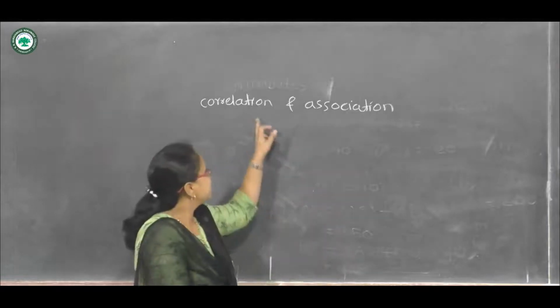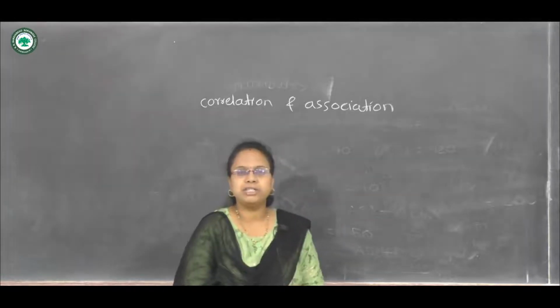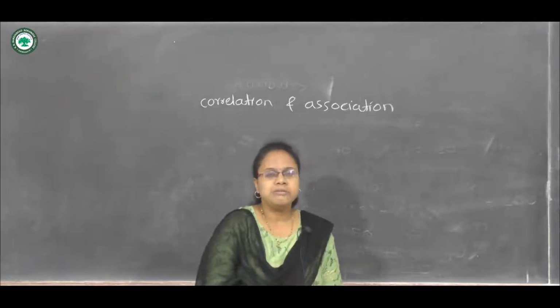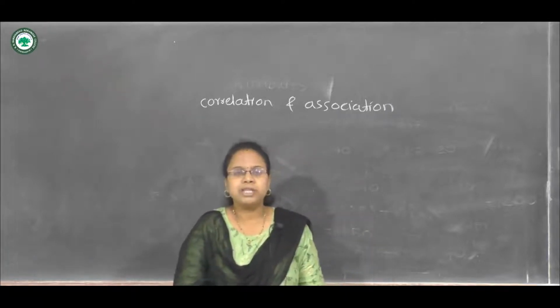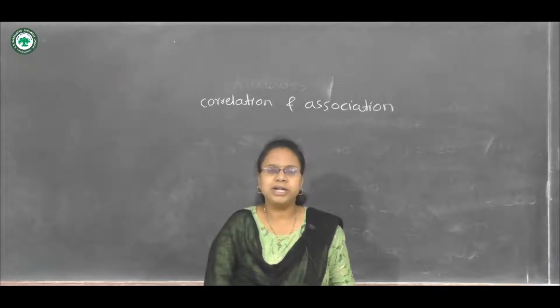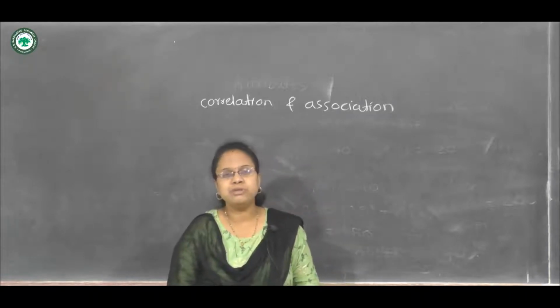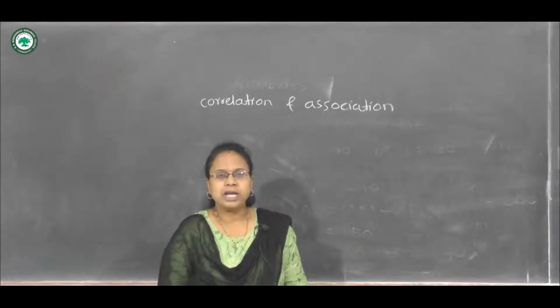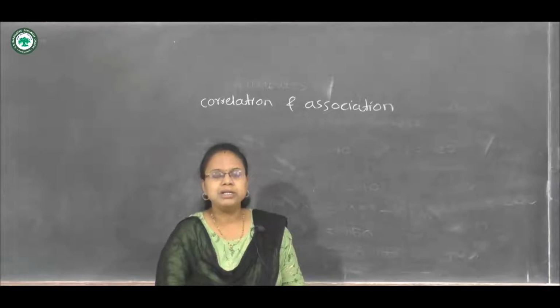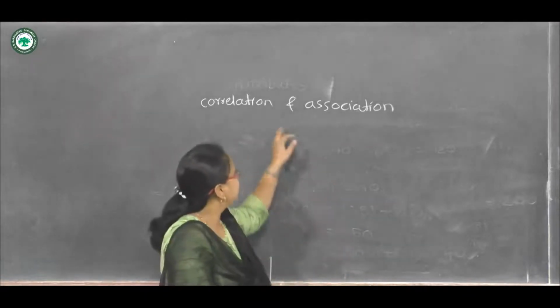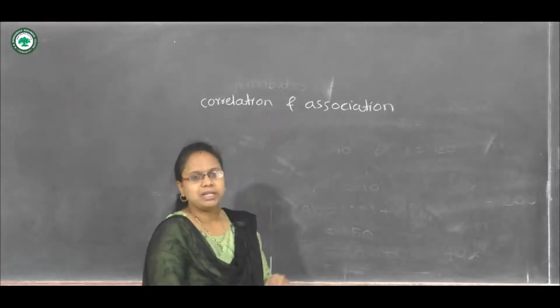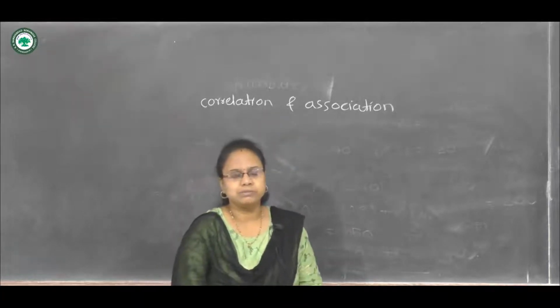Correlation is used to find whether the given variables are related or not. For that purpose we require quantitative data, so numeric values are required to calculate correlation. But if attributes are given, then we cannot calculate the correlation, but we can calculate the rank correlation.